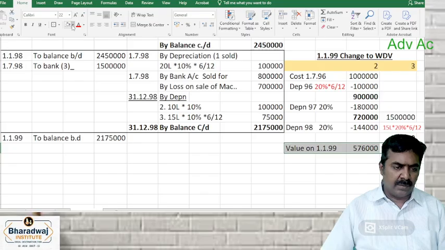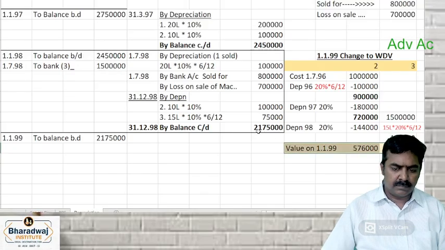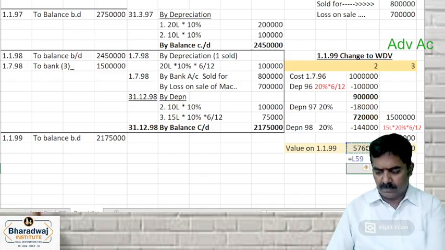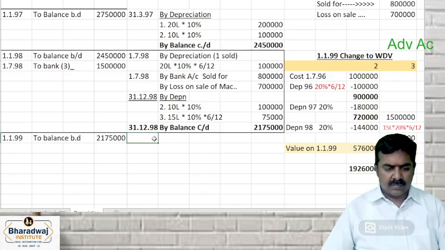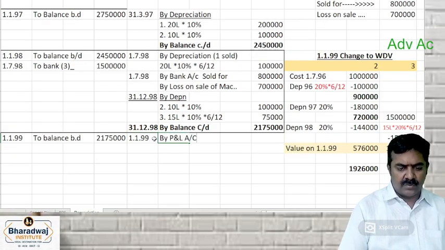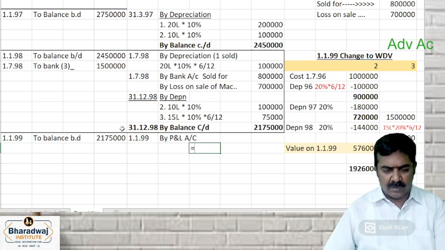This is the new value. Total. The difference you will charge to P&L account. On 1/1/99 by P&L account, the difference between the old value and new value.